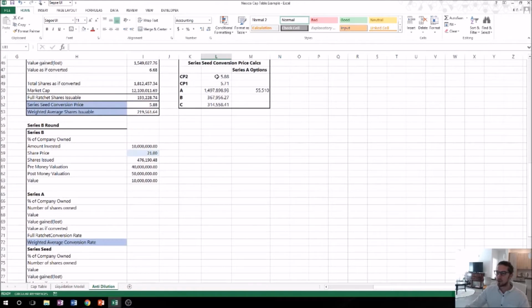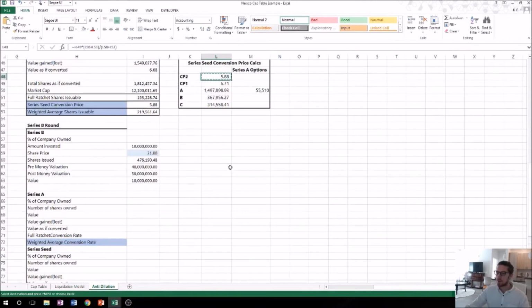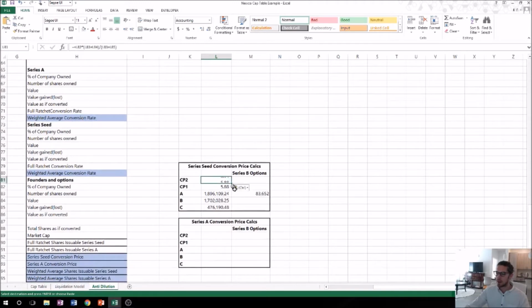So what we can do is just go in here and copy that formula from up there and paste it right in here to get our correct number there. It uses all the formulas, so it'll copy and paste right in. Next, we'll go down here and do Series C conversion price. Series C conversion price just references that cell right there, that's CP2.